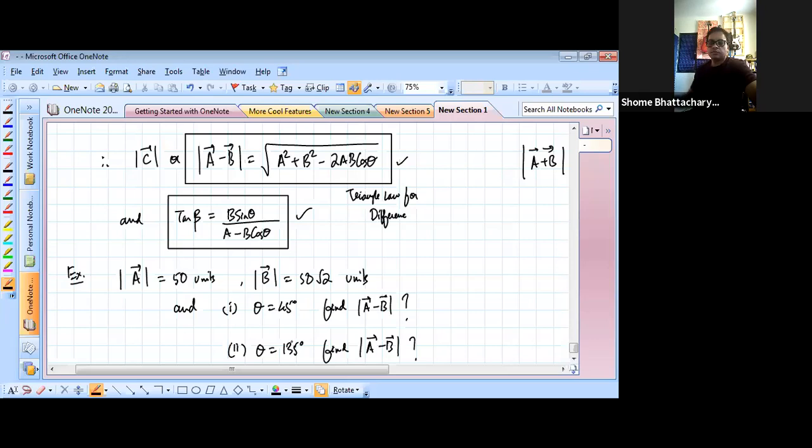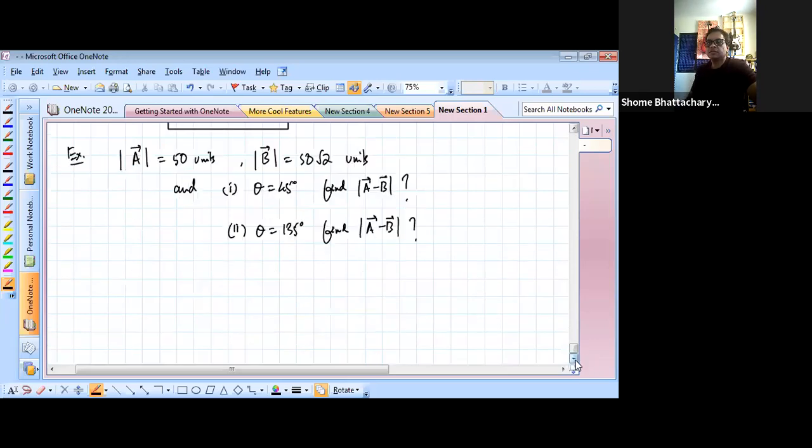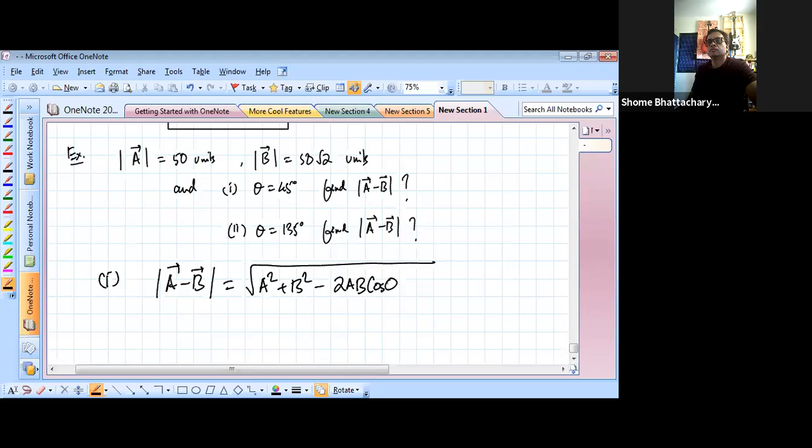Yeah, so most people have got this correct in the chat replies. So just quickly discuss for the first part, mod of A minus B by this formula. So that becomes 50 square plus 50 root 2 whole square minus 2 into 50 into 50 root 2 into cos 45, which you know is 1 by root 2.